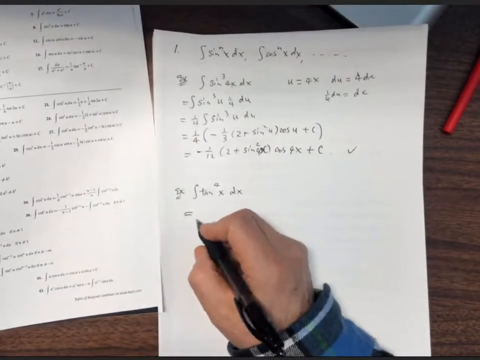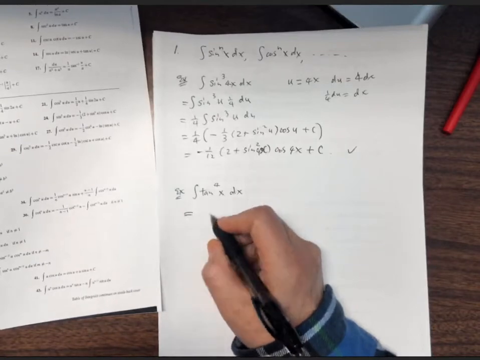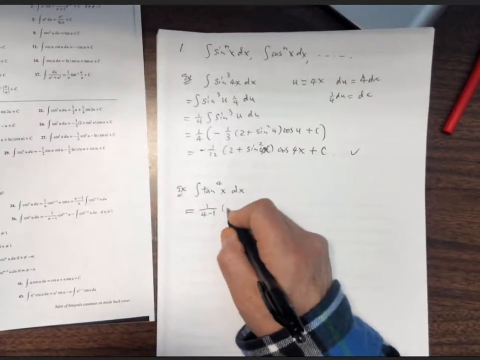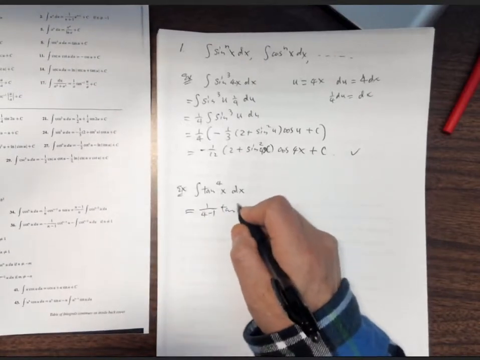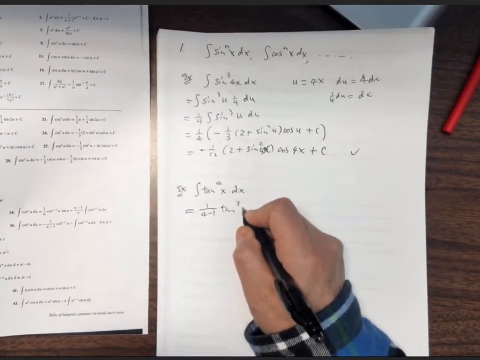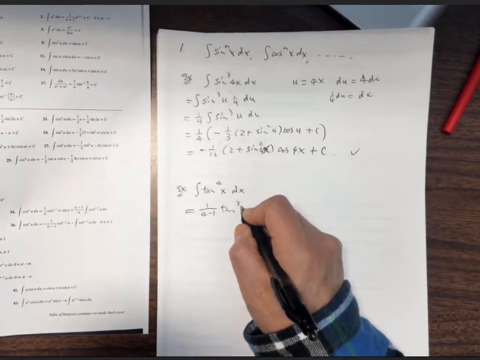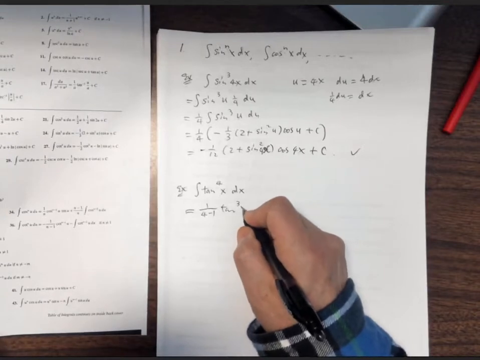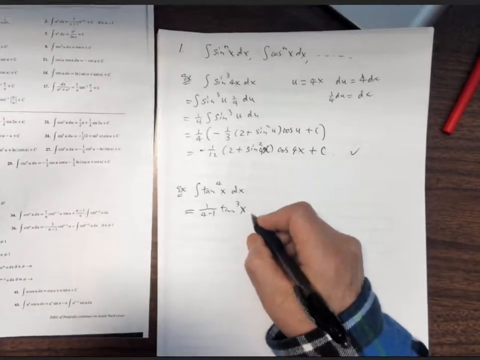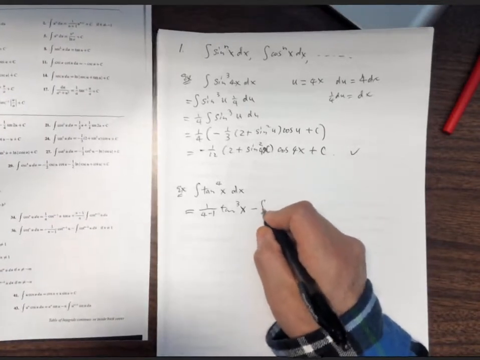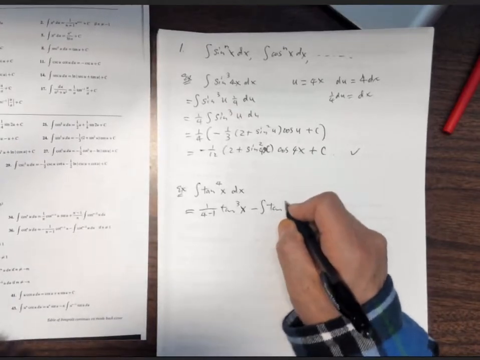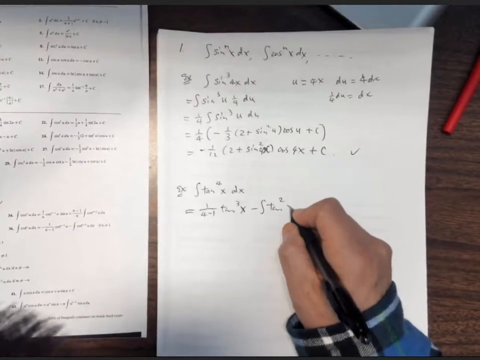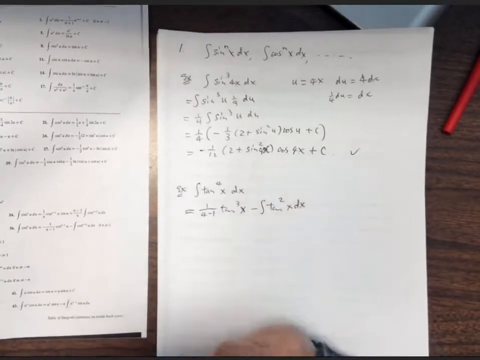Formula number 35 says the nth power of tangent is 1 over n minus 1, so 4 minus 1, tangent n minus 1, that's 3. 4 minus 1 is 3. x minus tangent n minus 2, 4 minus 2 is 2, x dx.